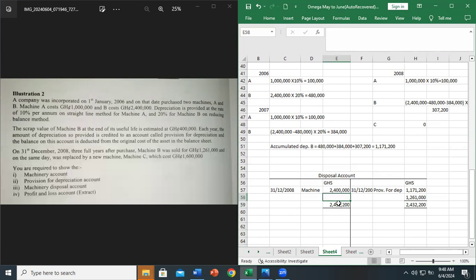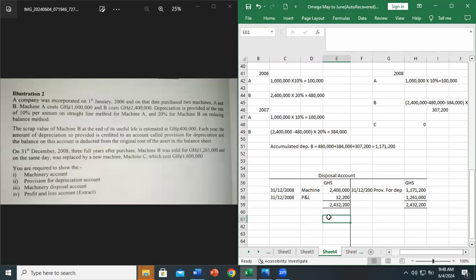So the difference is 32,200, and that is the profit. So that's your disposal account. Very simple.